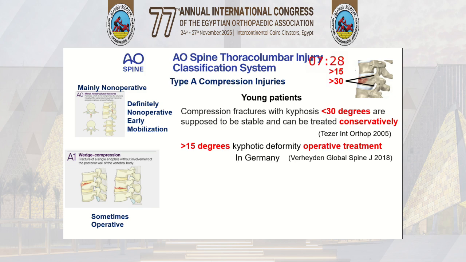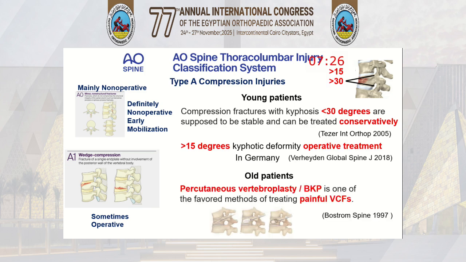I'm not sure this is correct or not. And in an old patient, of course, you can choose another option, percutaneous vertebroplasty or balloon kyphoplasty. Now, Japan is suffering from graying of society. We have a lot of this kind of patient. We sometimes use BKP, balloon kyphoplasty.